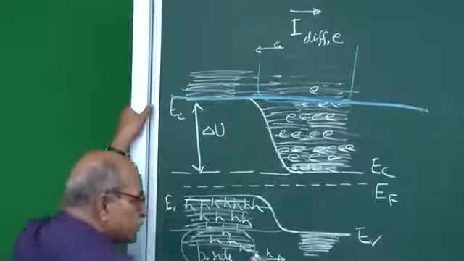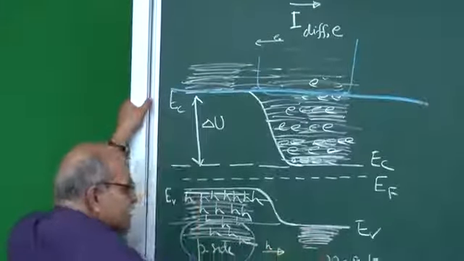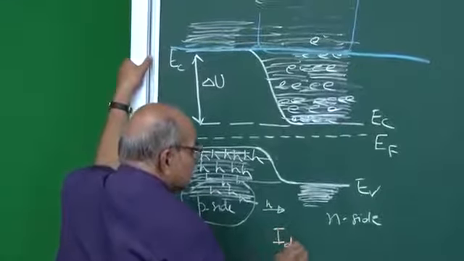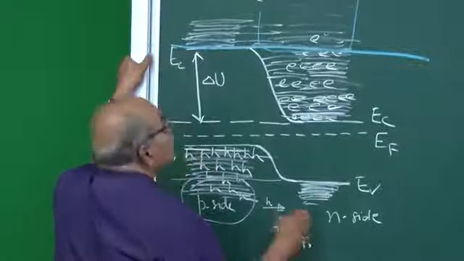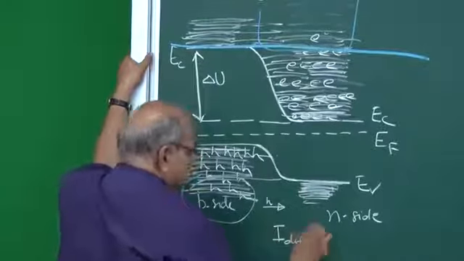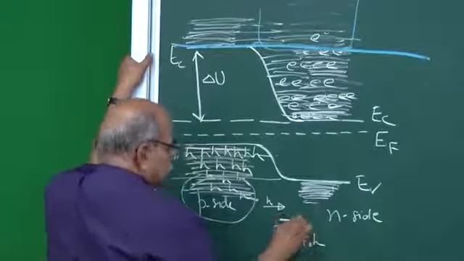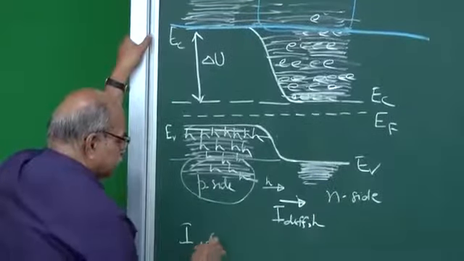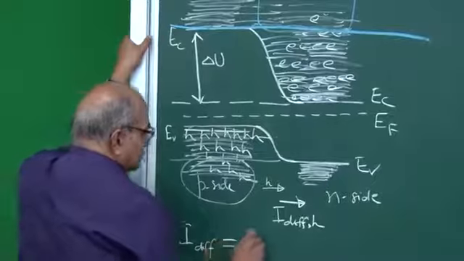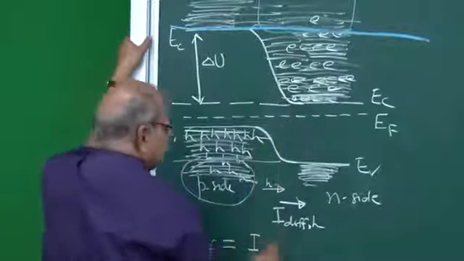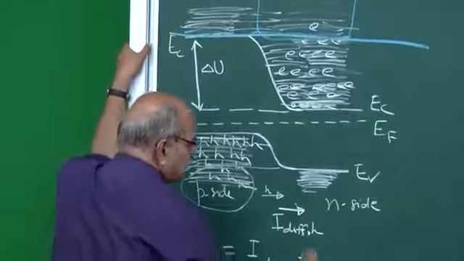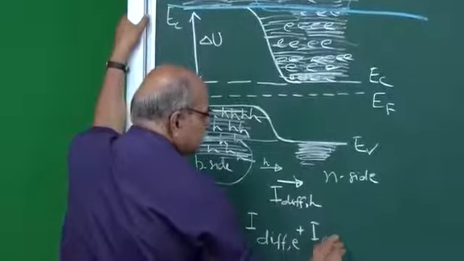And here, because of the holes going this side, you again have a diffusion current. You can call it I diffusion because of holes, and the direction is once again the same. And so you have I diffusion, which is equal to I diffusion because of electrons plus I diffusion because of holes.